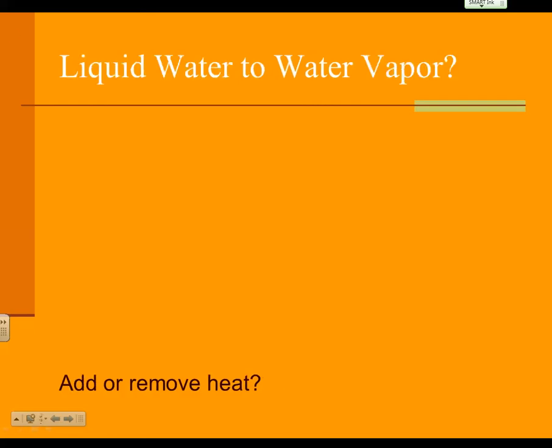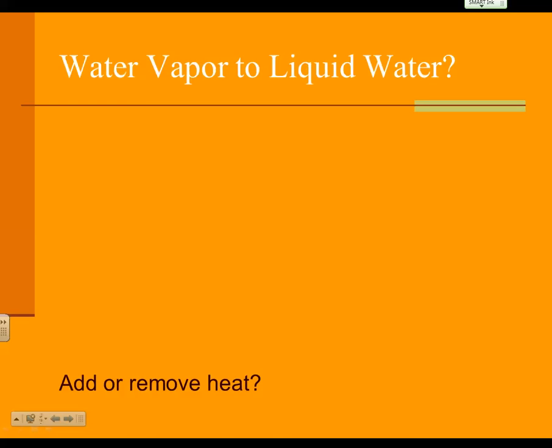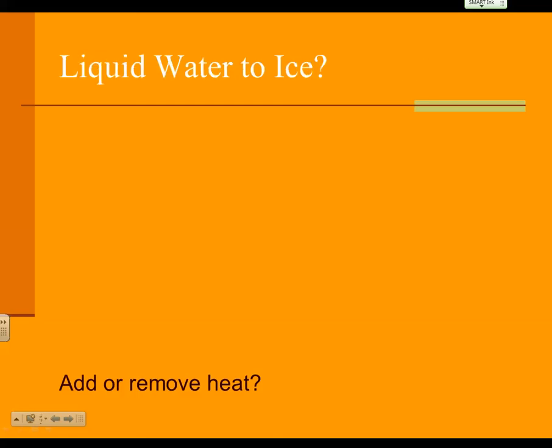Liquid water to water vapor. If you said evaporation, you're right, or vaporization, and you have to add heat once again. Water vapor to liquid, now we're condensing, and you have to remove heat for that. Liquid water to ice, now you're freezing, and once again you have to remove heat.